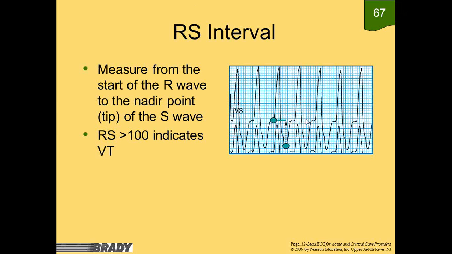And then we're going to measure over and down to what we call the nadir point of the S wave, or the peak of the S wave. And if that measures greater than 100 milliseconds, then we have VTach. Okay, this is a very accurate way, but again, you've got to do that calculation and calibration to make sure that you know what you're doing.